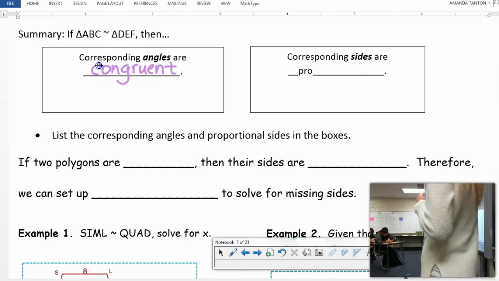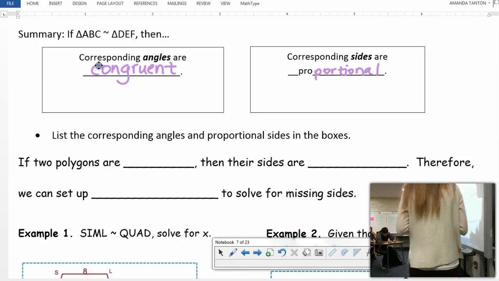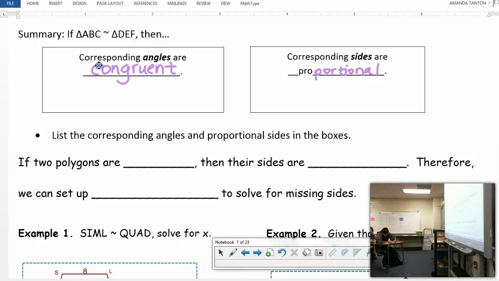The sides are not congruent. Those are the two main ideas of today. Angles congruent, sides proportional.